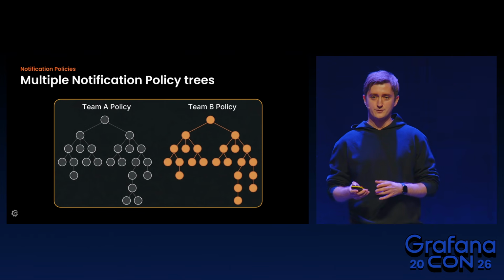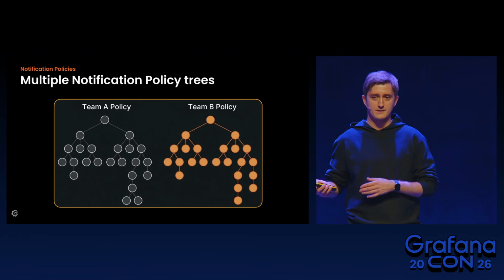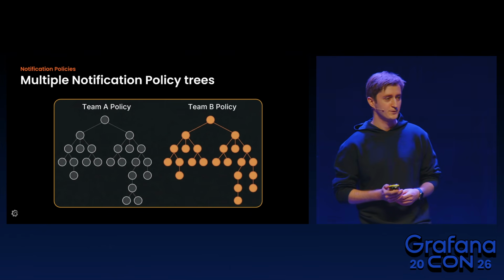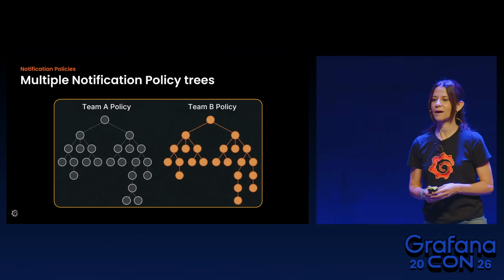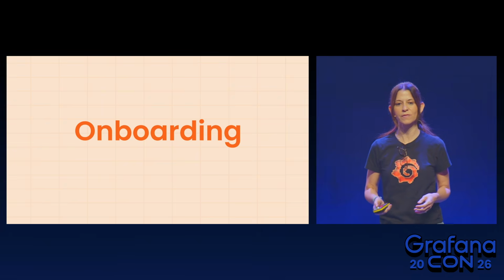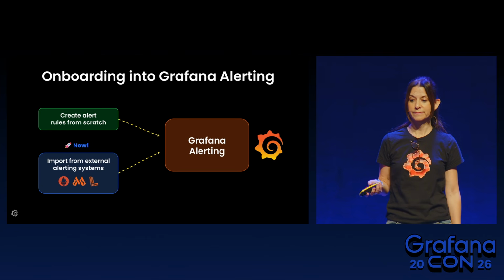But what if you want to move your existing alerting from another system like Mimir, Loki, or some other system to Grafana? What do you do? Yeah, exactly. Let's talk about how we get started into Grafana Alerting. Because there are two ways to get started.